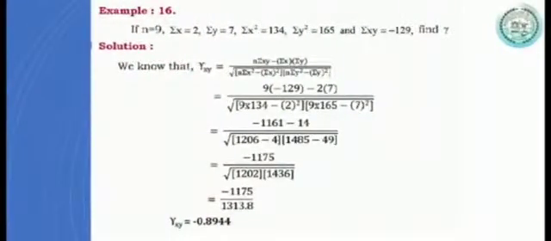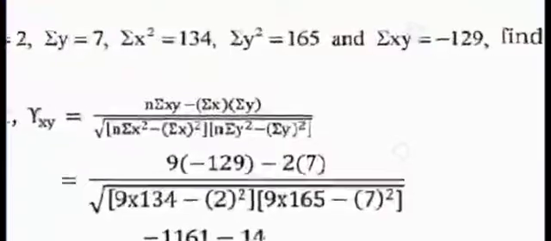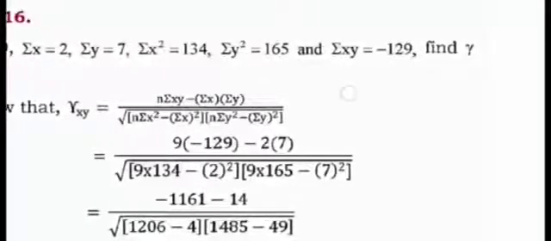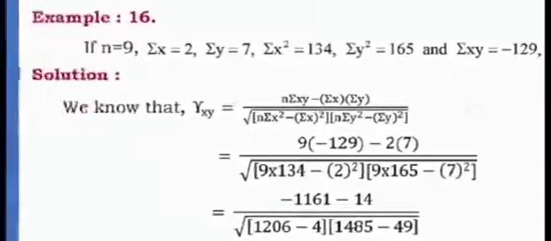Coming to example number 16. In this example, the question is: if n is equal to 9, summation x is equal to 2, summation y is equal to 7, summation x square is equal to 134, summation y square is equal to 165, and summation xy is equal to minus 129, find r.